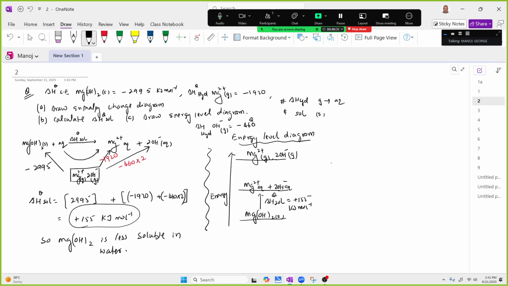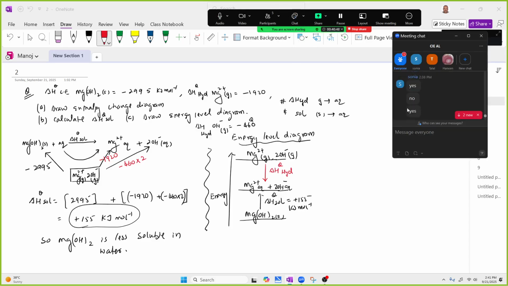Solution is from solid to aqueous. So gas to aqueous. Does that make sense to you, that this is the delta H hydration? Is everyone comfortable?